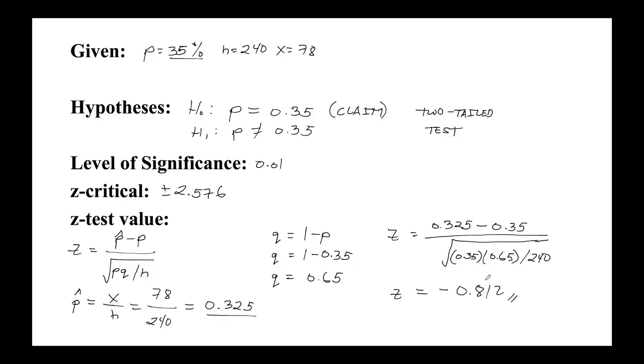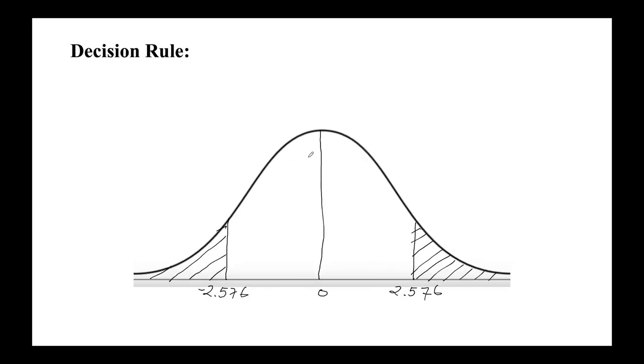Now, ano ulit yung na-compute natin? Z-test value or Z-computed, that is just the same, negative 0.812. So, nasaan siya? More likely, dito banda, no? So, negative 0.812. And, if you can still recall our ruling sa distribution, sa rejection and non-rejection region, our Z computed falls sa loob ng ating non-rejection region.